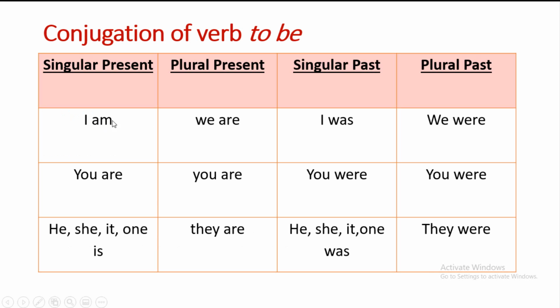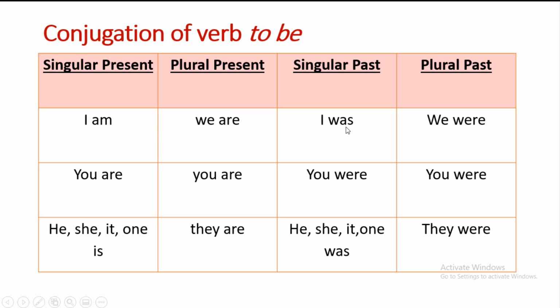And we have singular verbs and plural verbs. Let's have a look at the conjugation of the verb to be with I. So I am, all right? So I is a singular pronoun, so it takes a singular verb. We is a plural pronoun, and it takes a plural verb, all right?